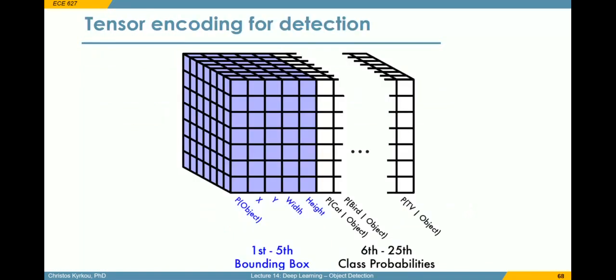So these 30 values are how they encode the object information for each of the boxes. For each grid cell, they predict the probability of an object, the bounding box coordinates, and the probability of each of these classes.